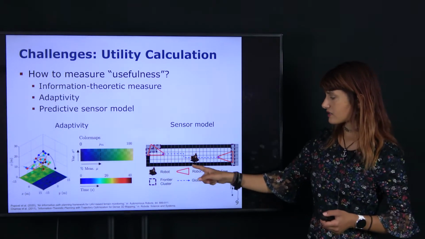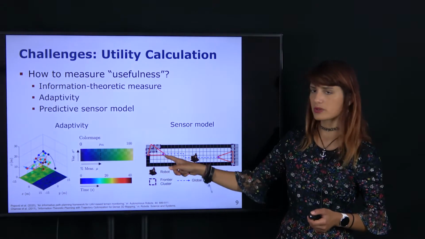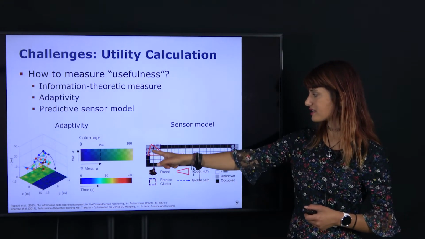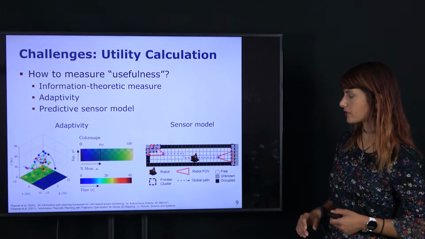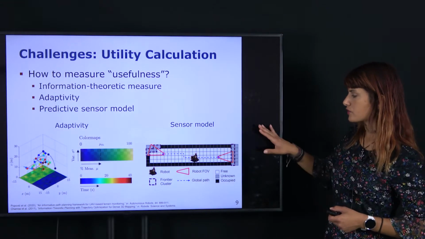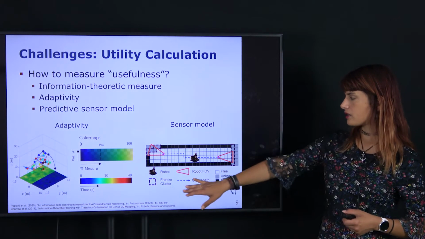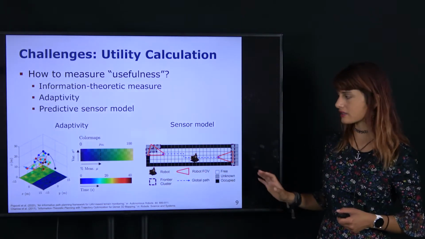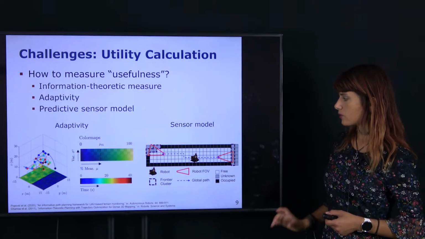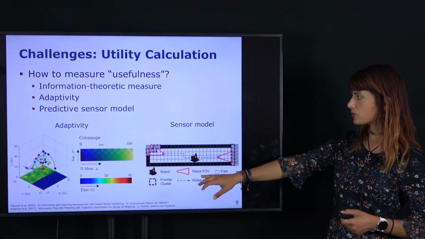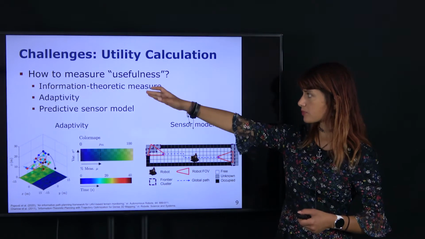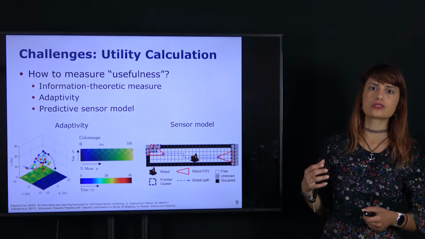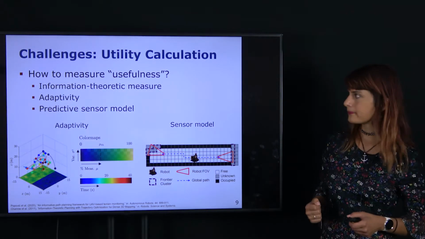And we used the sensor model of the robot's field of view with this camera to predict how many unexplored cells at these frontiers it will see were it to go there. So we go into much more detail about identifying frontiers and exploration later on in the lecture, but the key thing to take away is that the robot's field of view and this projection is the predictive sensor model that we actually need to calculate utility if we want to predict future measurements.